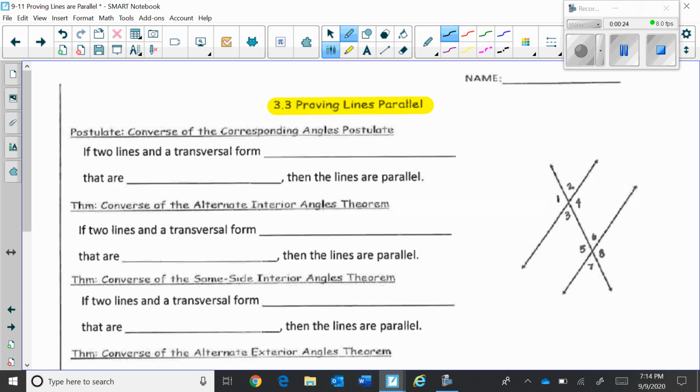All right, to prove lines are parallel, you're going to use something called the converse statement.